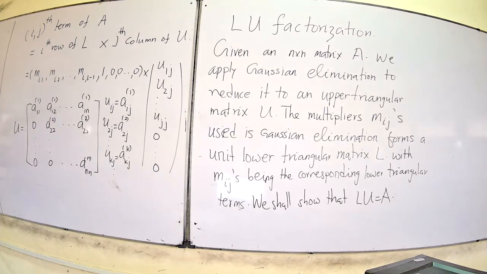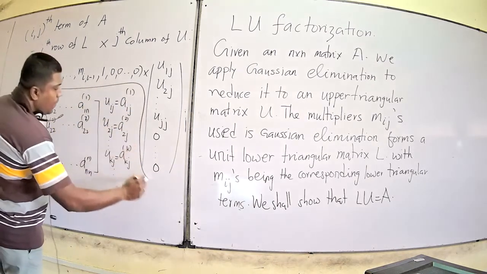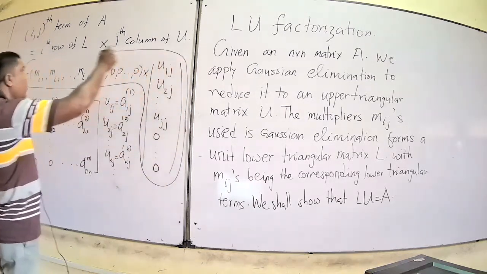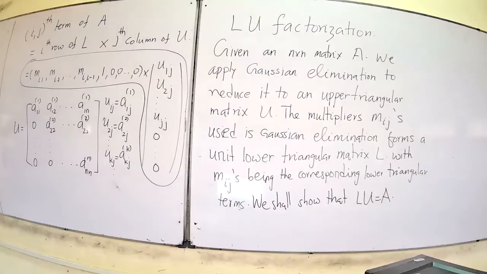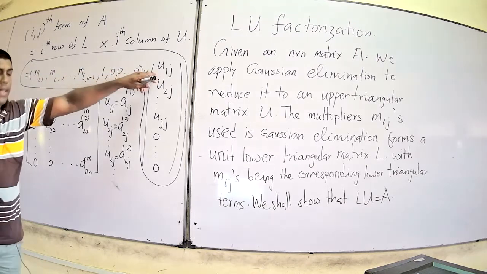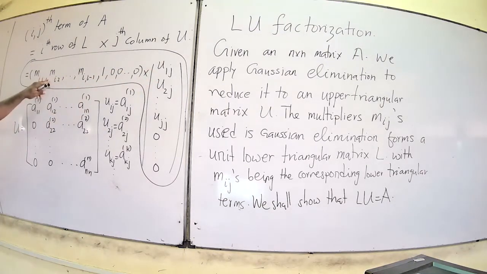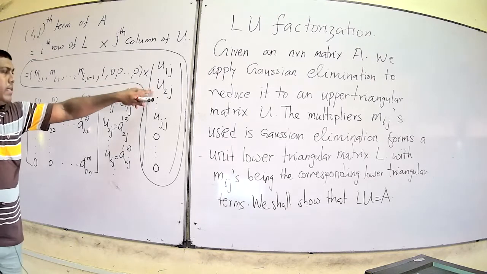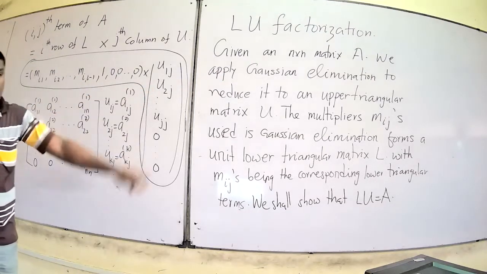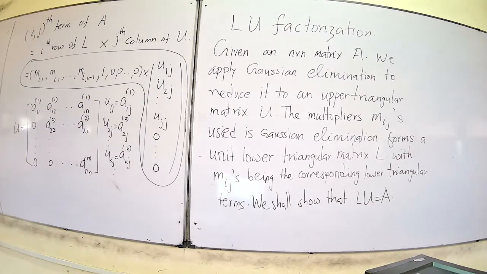So now you are focusing on a multiplication which looks like this: row times column. When you multiply the row by column, this multiplied by this plus this multiplied by this, and so on.